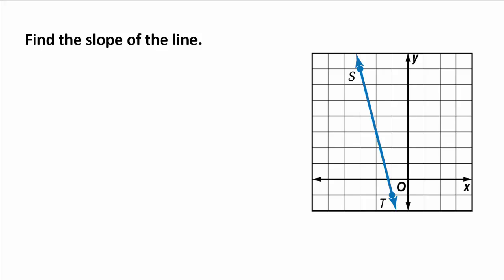Let's go ahead and find the slope of this line, ST. So we're going to go ahead and write our points first, and S is going to be -3, 7, and T is going to be -1, -1. Again, the first thing we want to do is label our points. I'm going to label this guy x1, y1, x2, and y2. And the reason we do this, it just makes it easier for us when we go to plug it into the slope formula.